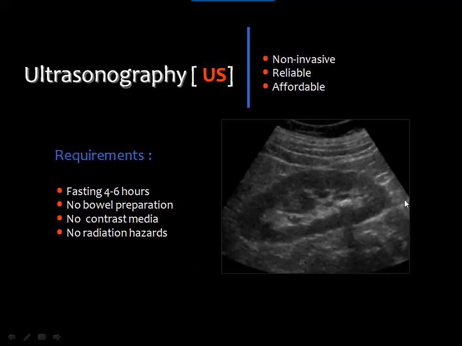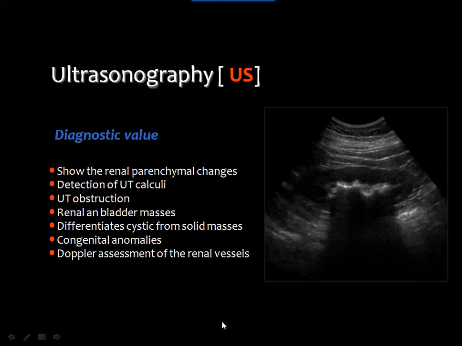This is the normal appearance of the kidney with the renal parenchyma and the renal sinus fat, as you can see. And the values of ultrasound are too many. Number one, it can show the renal parenchymal changes.